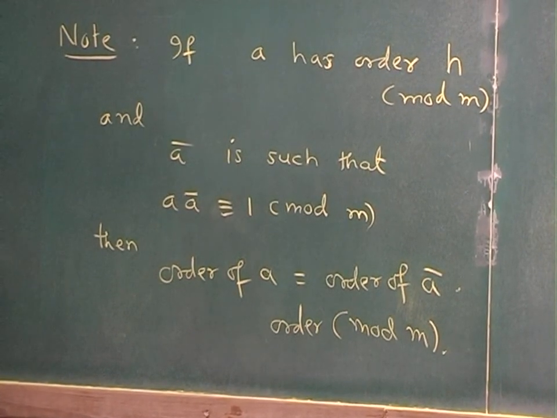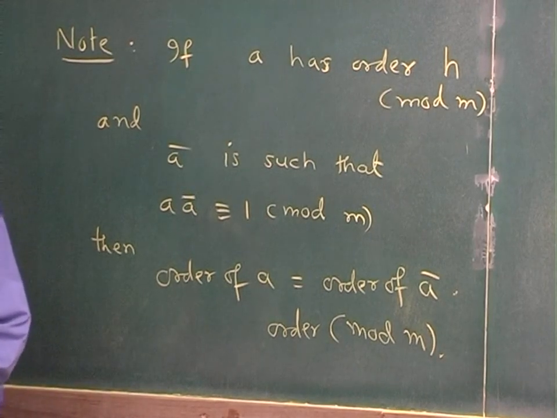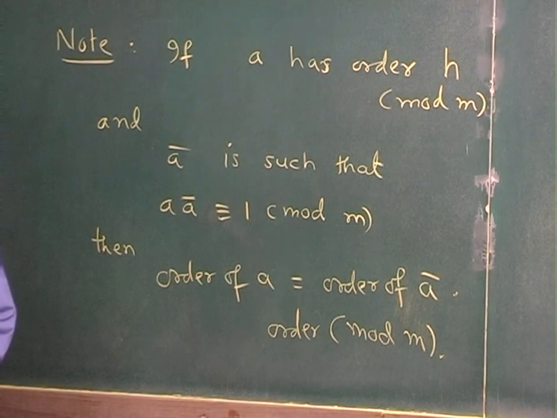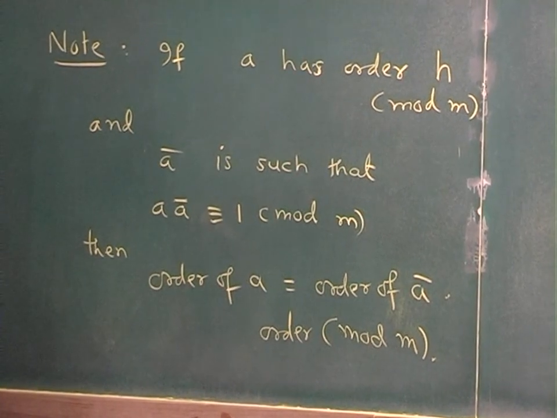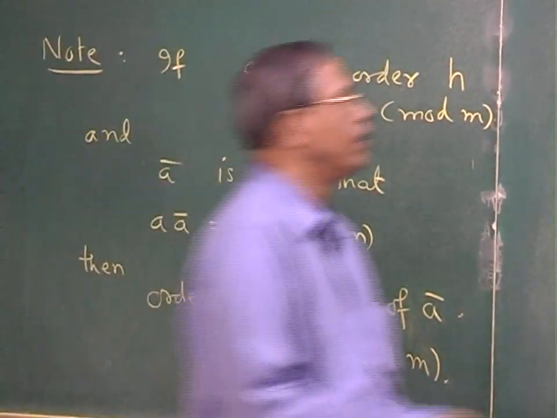See that these are positive integers. Orders are positive integers, and one way to show that two positive integers are equal is to show that the first number divides the second, and the second divides the first. That is one usual way of proving equality.